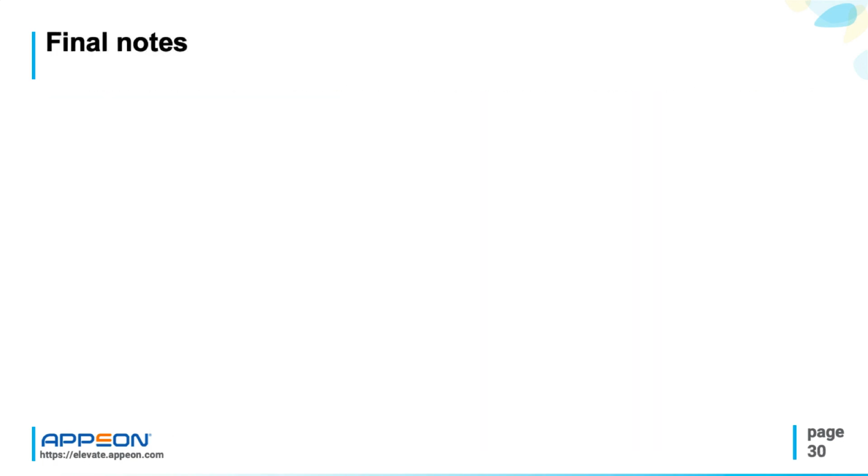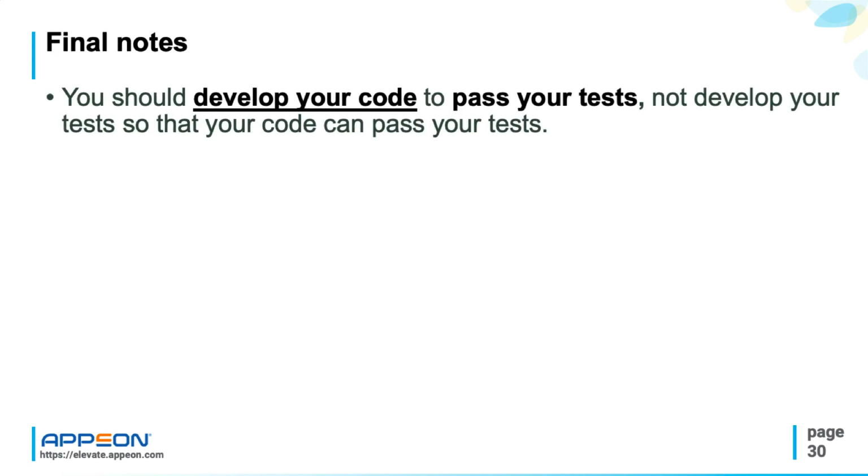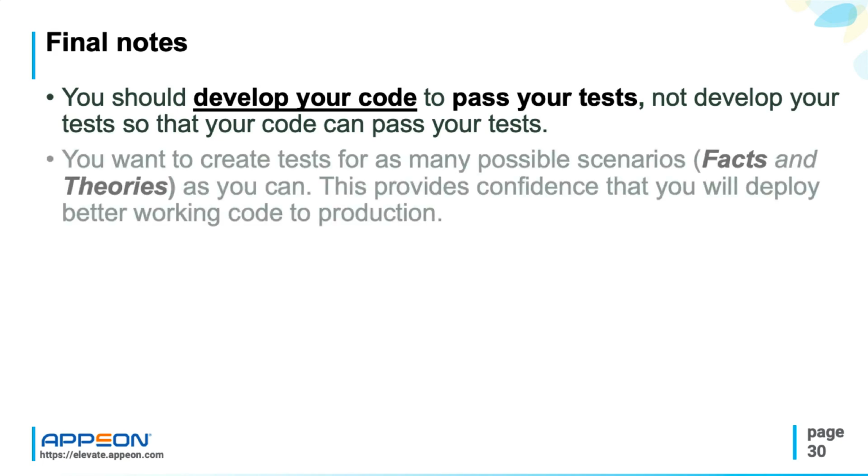So, some final notes for this session. You should develop your code to pass your test, not develop your test so that your code can pass your test. You want to create tests for as many possible scenarios, facts, and theories as you can. This provides confidence that you will deploy better working code to production.